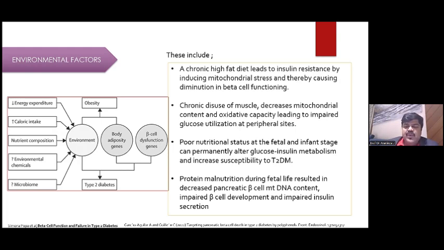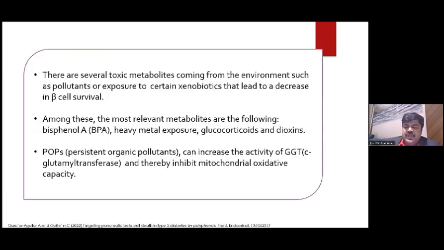So, the poor nutritional status at fetal and infant stage can permanently alter glucose insulin metabolism and increase susceptibility to type 2 diabetes. Protein malnutrition during fetal life resulted in decreased pancreatic beta cells, mtDNA content, impaired beta cell development, and impaired insulin secretion.